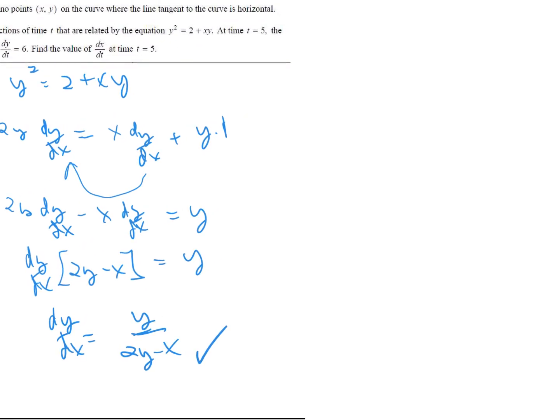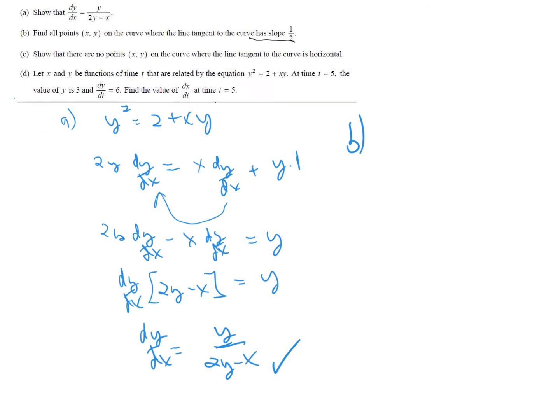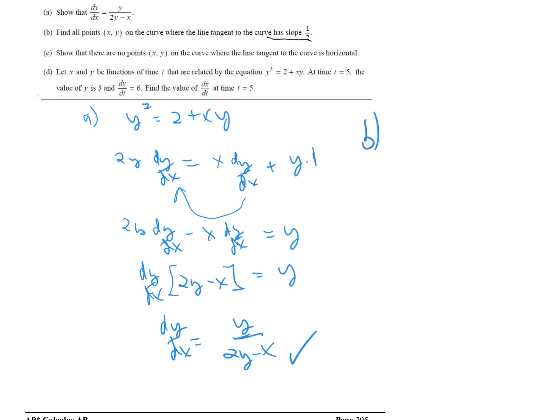I said I like B. And B says show the points x comma y on the curve where the lines are tangent to the curve. I wrote it in the wrong place.